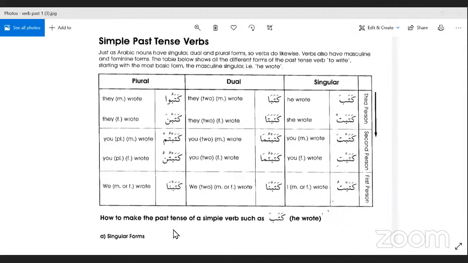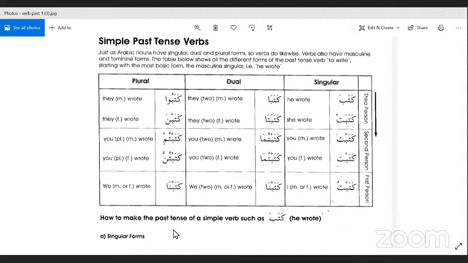Now we come to second person, which is you. Alimta, you knew. Alimtum is you two masculine knew. That's wrong. Alimtuma, sorry. Alimtuma, you two masculine knew, and alimtum is you all masculine knew.